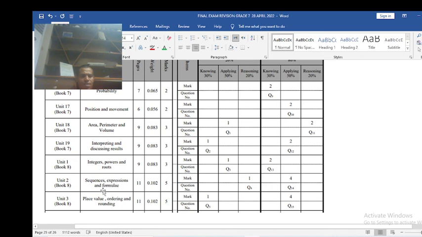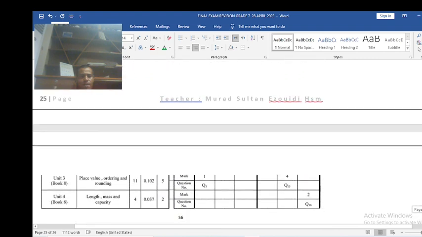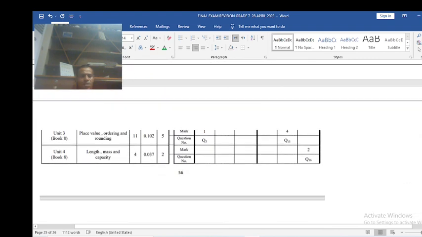Then sequence, expression and formula, place value, ordering and rounding, and length, mass, and capacity.